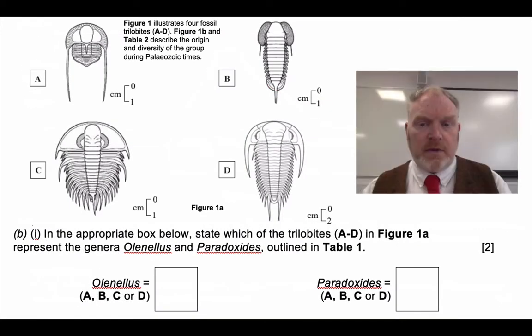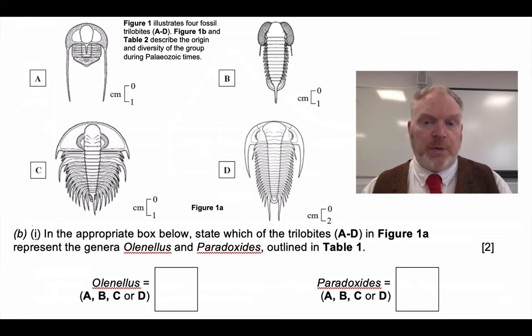Question 2 then, asking you to identify different groups of trilobites. Now, again, you are not expected to know these. There's no requirement at all to learn any species names for Geology A level.